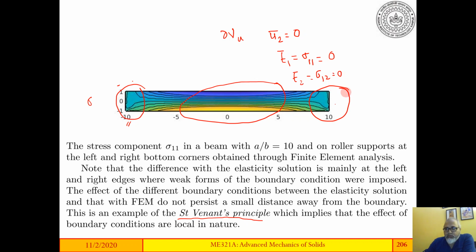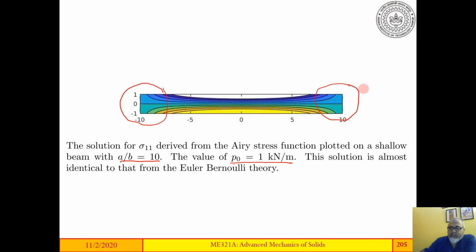So the equilibrium equations, the free body diagram for this case, as well as for the case that we have solved with Airy stress function, are the same. The integrated forces and moments are all the same, but the point-to-point strong boundary conditions are different. In spite of that, the solution inside the material, inside the body, is almost completely identical.